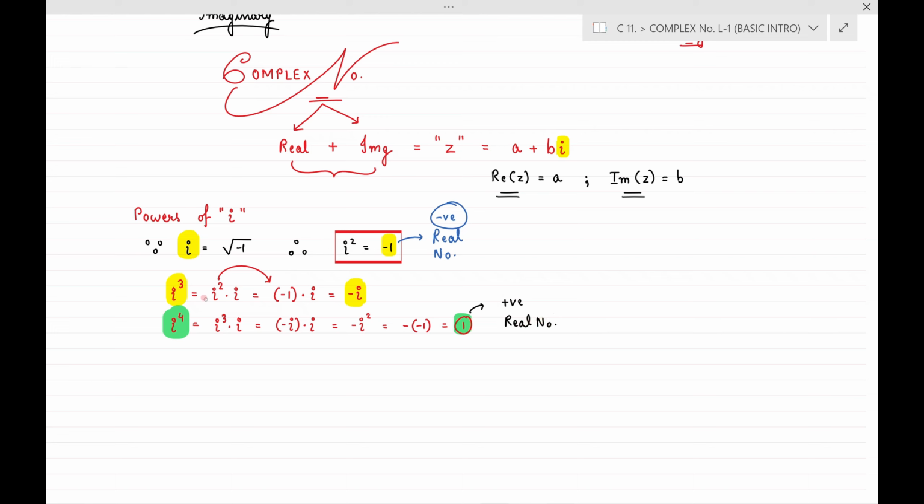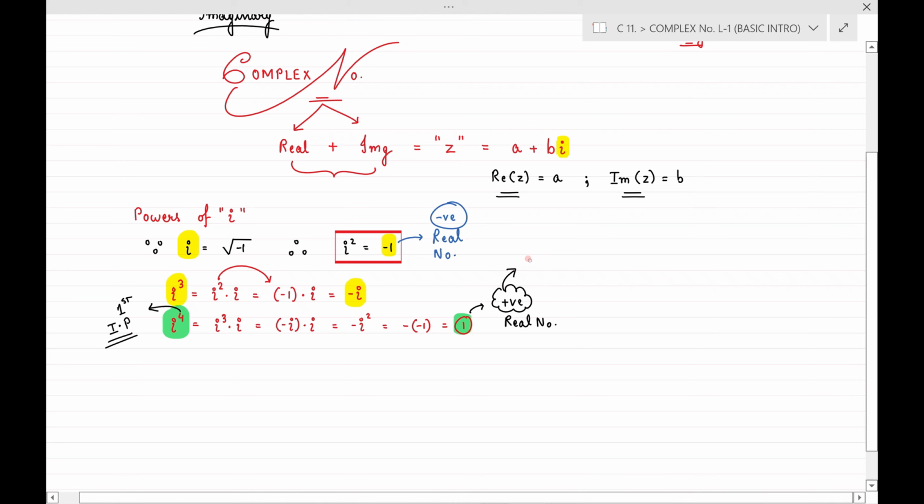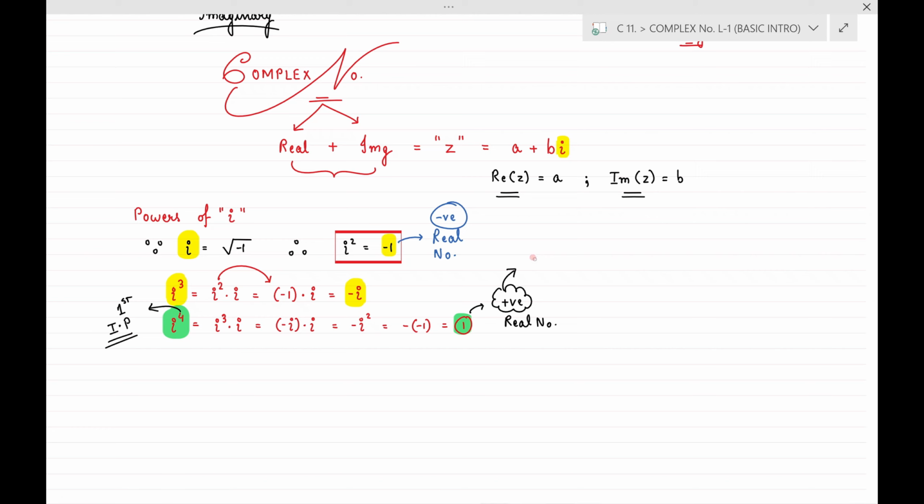The first integral power of iota which is giving a positive real number is 4. So you have to keep this thing in mind that this power will be used to calculate other values of iota.